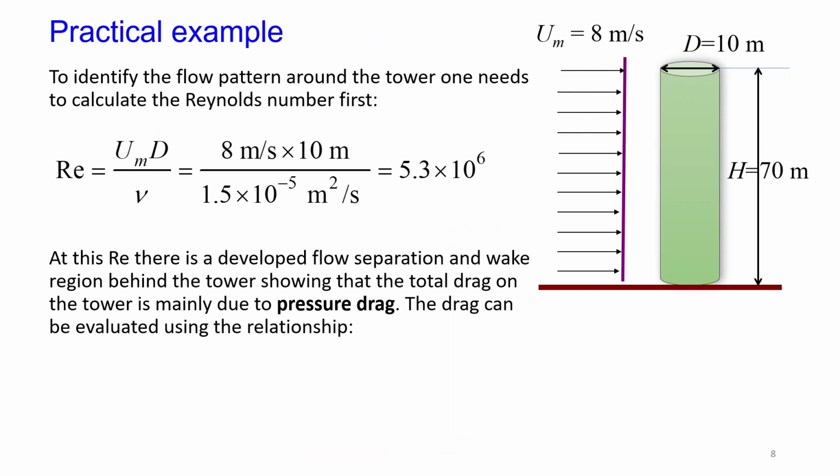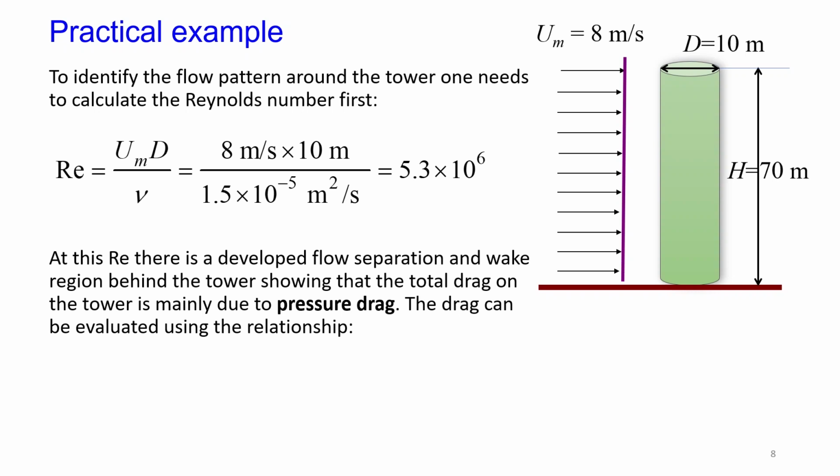To calculate CD, we first calculate the Reynolds number, and then we use a diagram to determine CD. The Reynolds number I estimated as 5.3 multiplied by 10 to the power 6. Just to let you know, the Reynolds number is a dimensionless number, so there are no units.